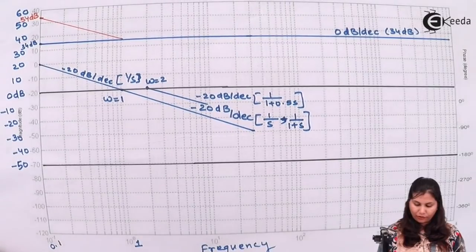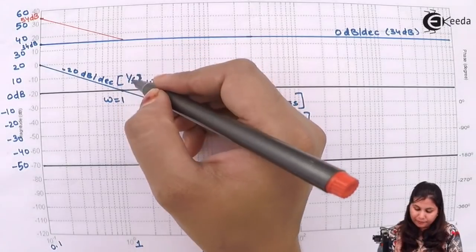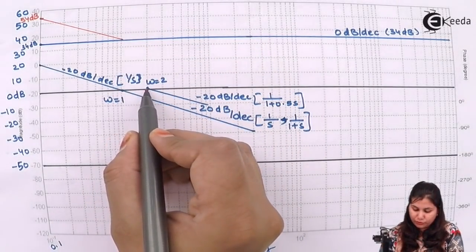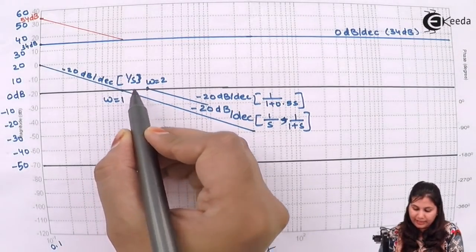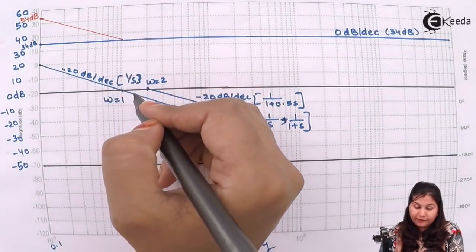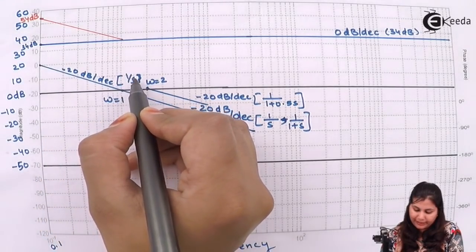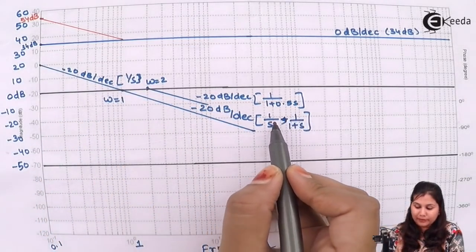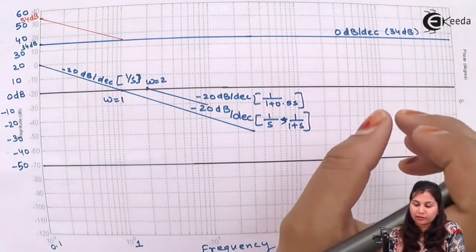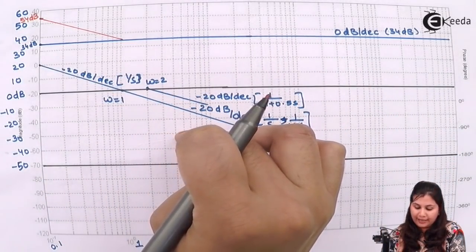Now we have to draw for again proceed this magnitude plot. Between omega equals to 1 to omega equals to 2, we have this line and this line. Also we have the factors. These straight line magnitude plots are due to the factor 1 by s, due to the factor 1 upon 1 plus s, and due to this 34 dBs, that is 50, the constant term factor. So their slopes are going to get added.